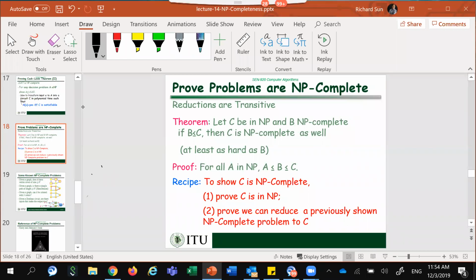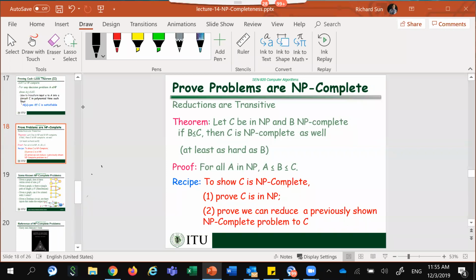First of all, to prove a problem is NP-complete, you need to show C is in NP. That's given. The second is you need to show all the problems in NP are polynomial time reducible to C. How do you prove that? It's easy. B is NP-complete, we know that, as given.